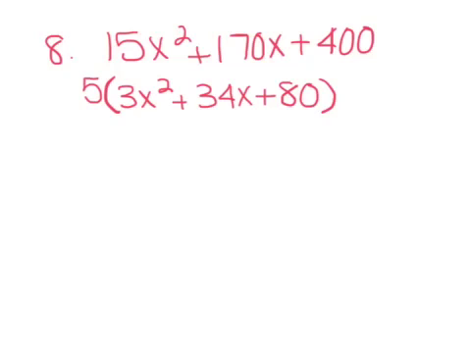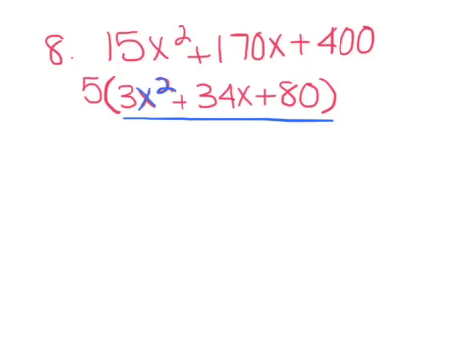So that's your first step, but we need to factor completely. That means now that I factored out the GCF, look inside the parentheses. Can I factor that? Yes, you can. Look at the x squared coefficient. It's a 3.